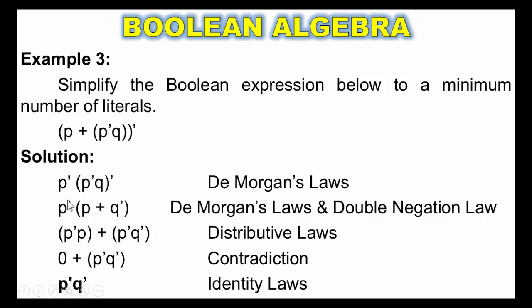Next, we examine the Boolean expression from left to right. Again, we can now observe that we can apply De Morgan's laws in this expression, not of the quantity not of P and Q. So if we apply De Morgan's laws, not of not P becomes positive P, applying also the double negation law. Not of AND becomes OR, and not of Q. And then we write the remaining terms, not of P, AND.